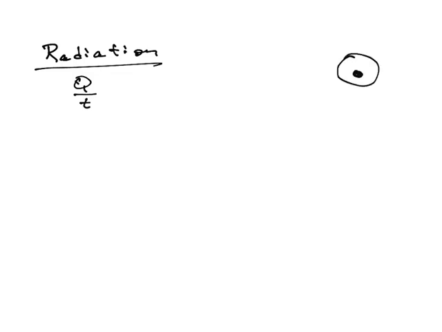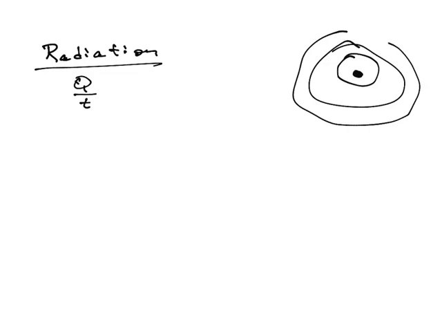The other one, radiation, this is an equation that has to do with the heat transfer rate, so how much heat will flow per second, but this time due to radiation. And what is radiation? Well, just as a quick review, you have a nucleus, and then you have some electrons in these orbitals.